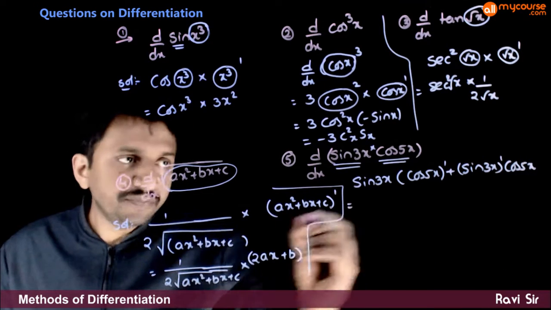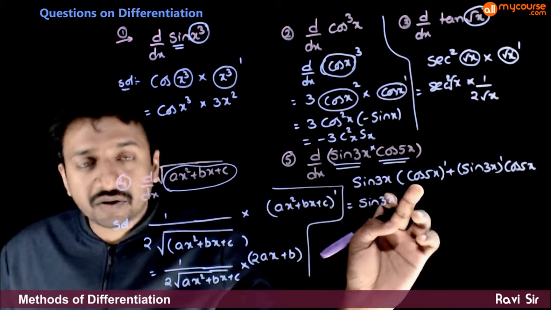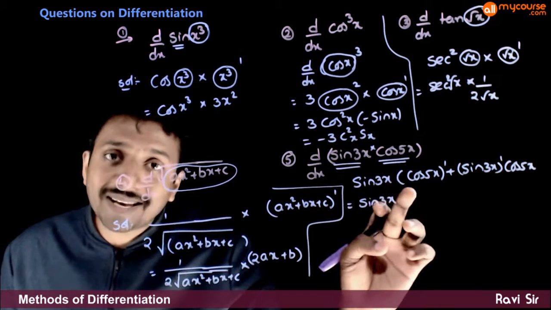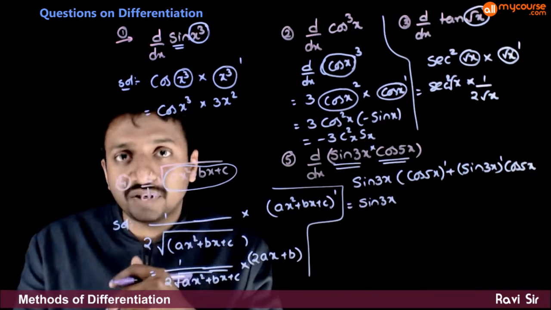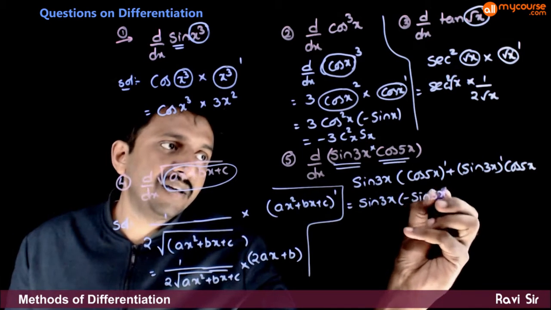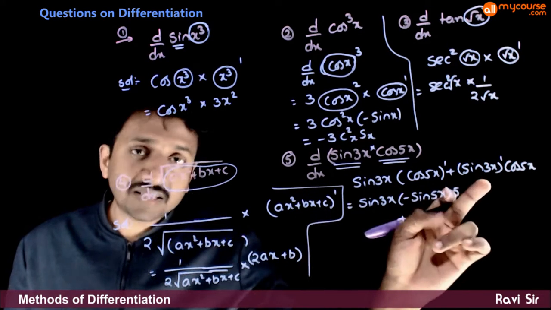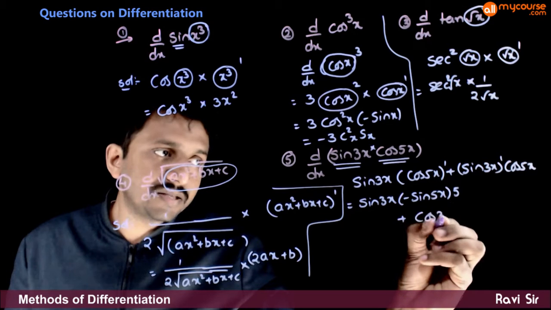So that is equal to sine 3x times cos 5x, where cos of something's differentiation is minus sine something into differentiation of something. So minus sine 5x times 5x's differentiation, which is 5.